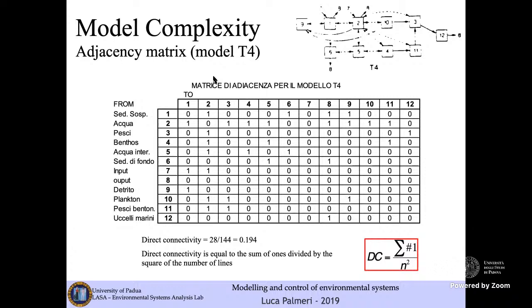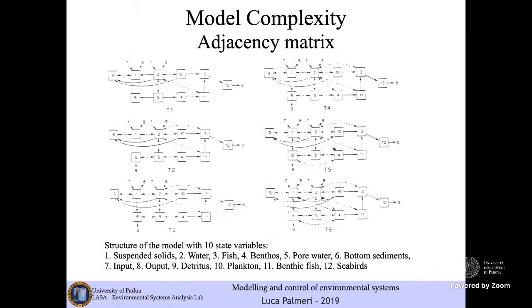So this is a tentative way of describing how much the traffic network model is connected. So how much my model of interaction and flow in a box model is connecting. The more the flows, the more the connectivity. In order to evaluate this connectivity, we may introduce the direct connectivity index. You may recall it as the total system throughput. We have seen some slides before.